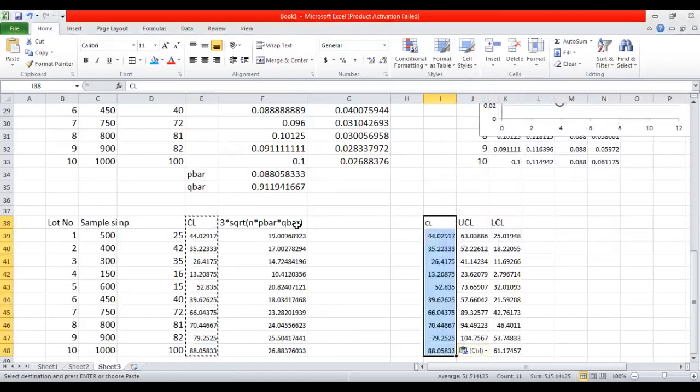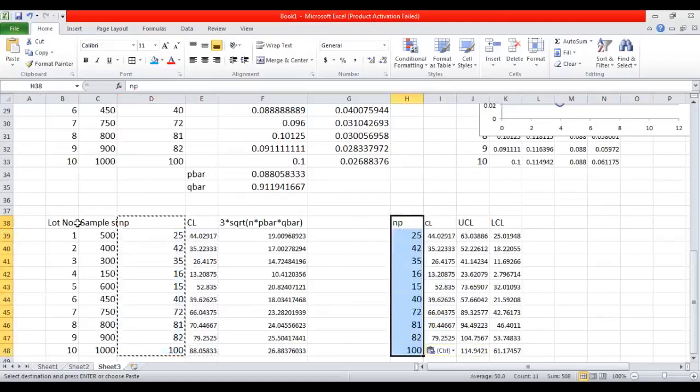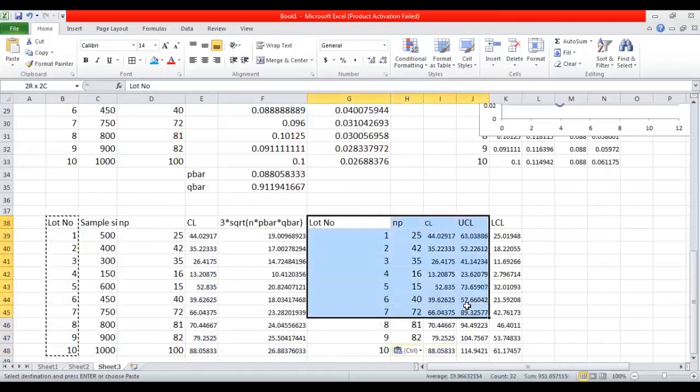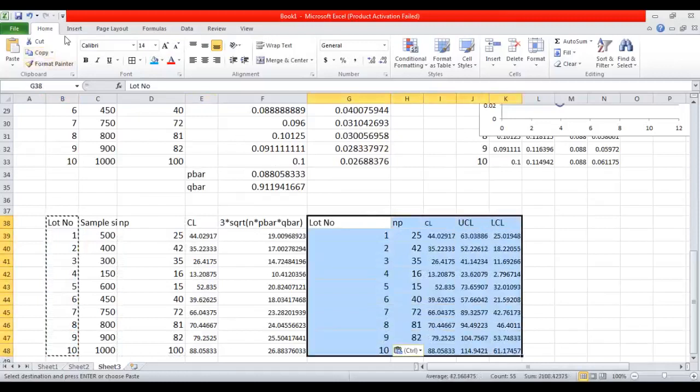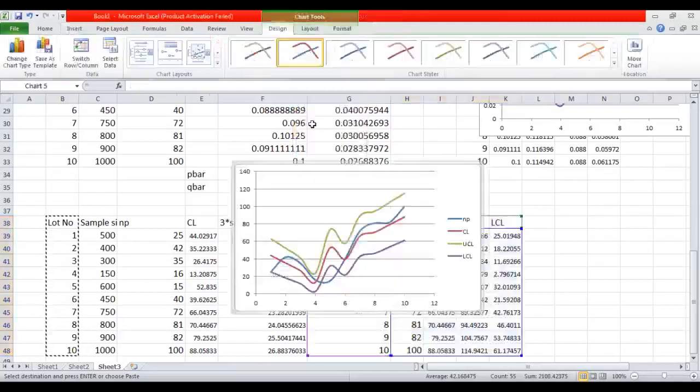So I'm pasting the CL values. I have to plot the NP chart. So these defectives I have to plot. So I'll copy these values also and the sample size. Now select these values, go to insert, scatter, plot the values.